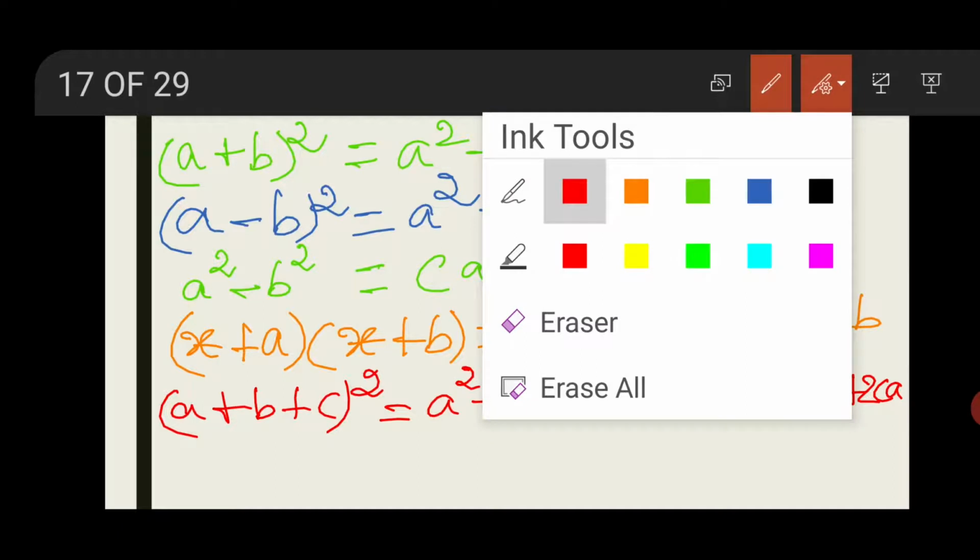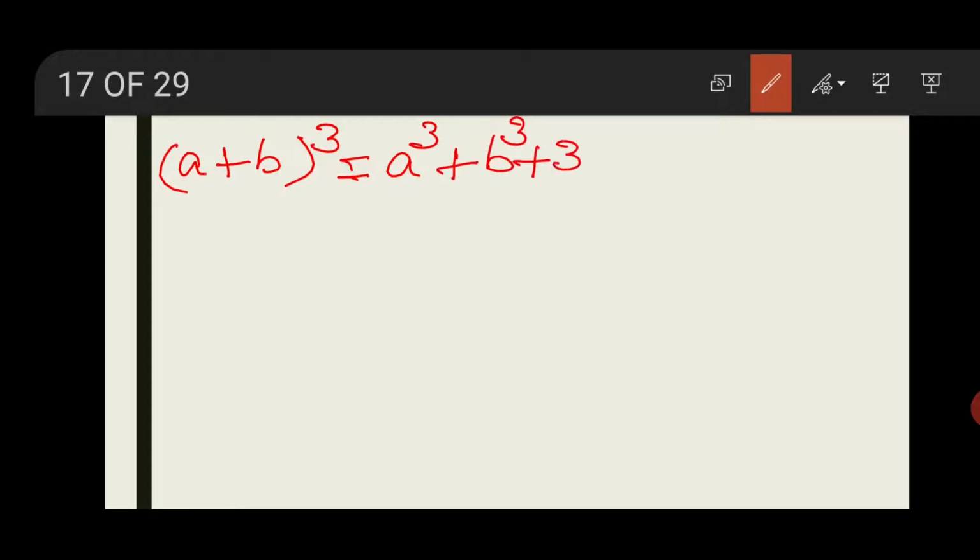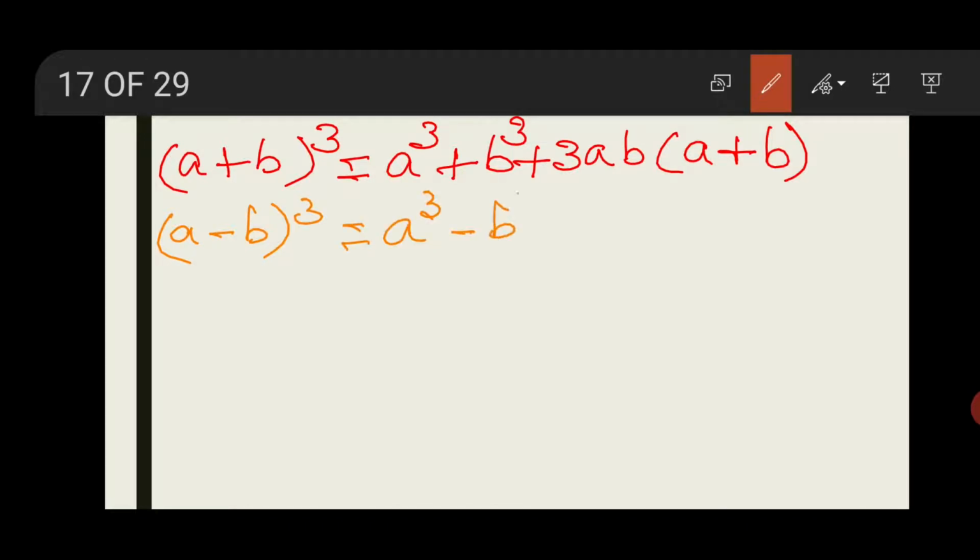Then (a plus b) whole cube is equal to a cube plus b cube plus 3ab into (a plus b). (a minus b) whole cube is equal to a cube minus b cube minus 3ab into (a minus b).